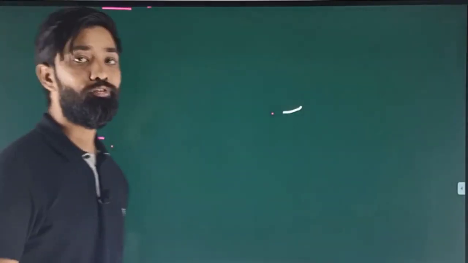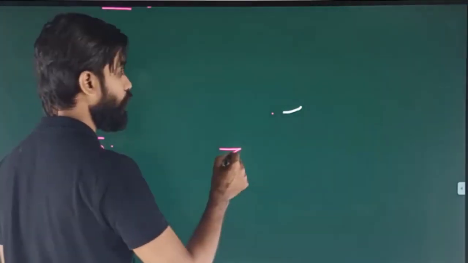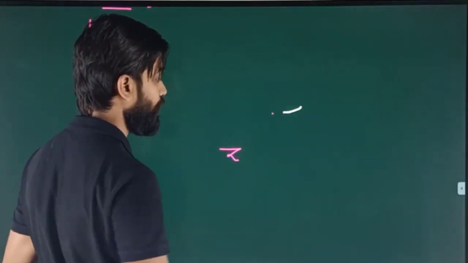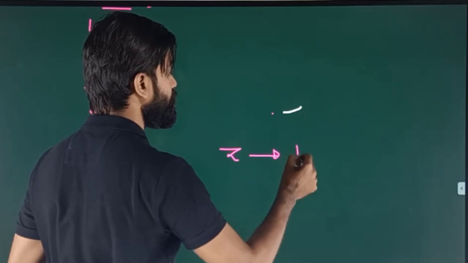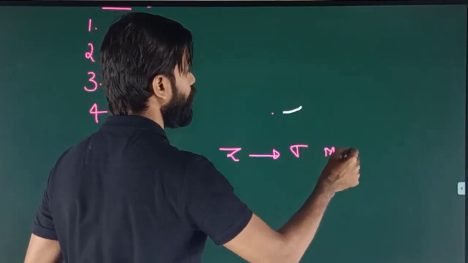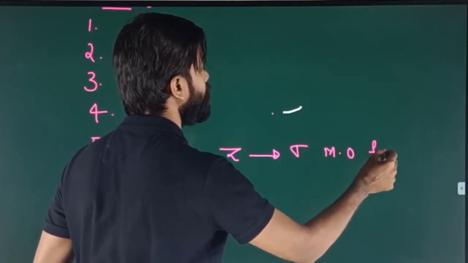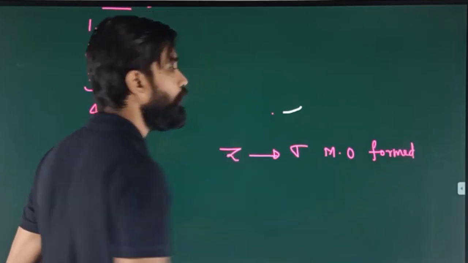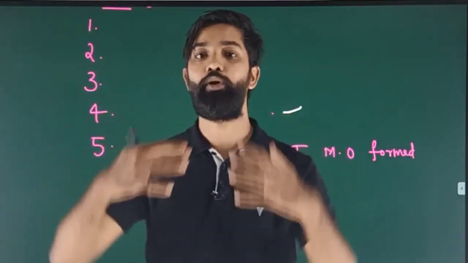Next point: if the combination of atomic orbitals is along the internuclear axis, sigma molecular orbitals are formed, like the end-to-end overlap that forms a sigma bond.